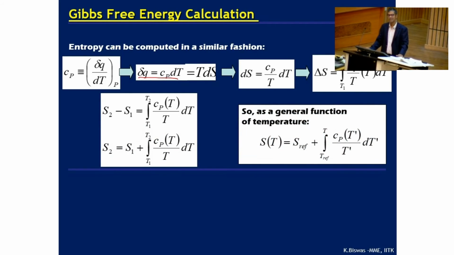Finally it boils down to ST equals S reference plus the integral from T reference to T of Cp by T dT. So you can get Cp values for any solid, liquid, gas, then you can calculate HT and ST, and then you can calculate GT. Once you know GT for every phase and every material, then you are done.